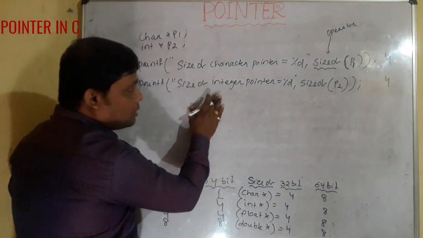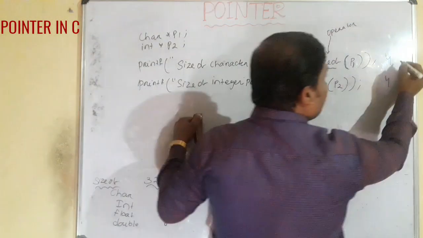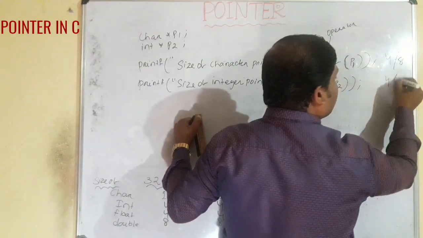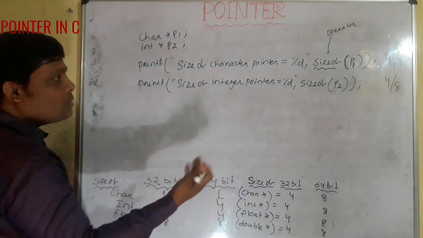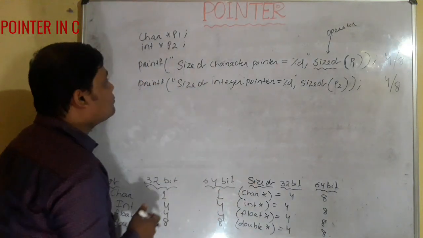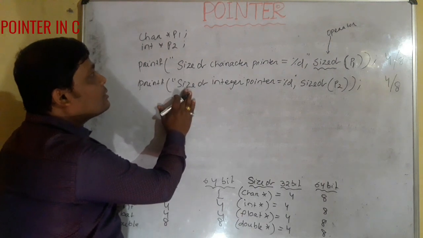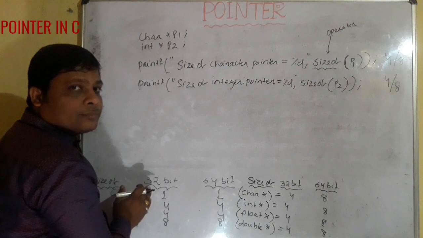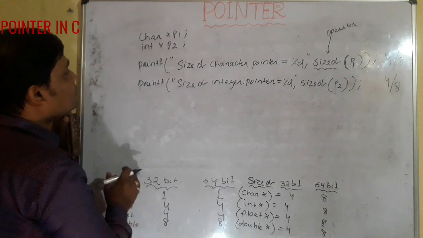If your system is a 64-bit system, then it will display 8. So it varies from system to system, different system architecture. Clear? This way you can find the size of a pointer.